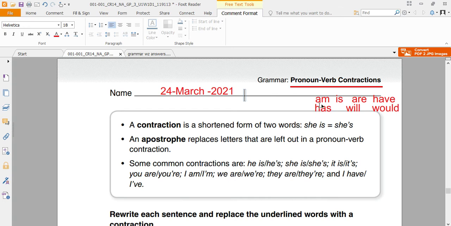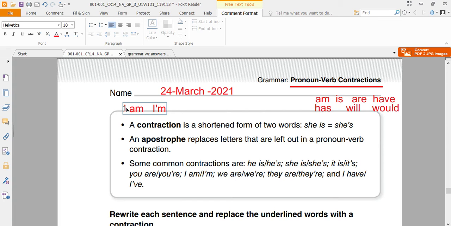So if we have I am, how can I make a contraction to write those two words into one? You use the pronoun, then drop the A, write an apostrophe, and write m. I'm.